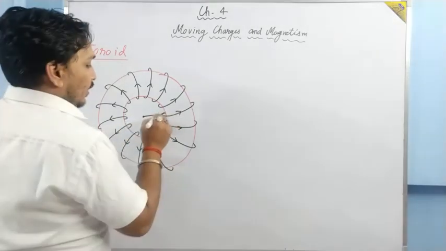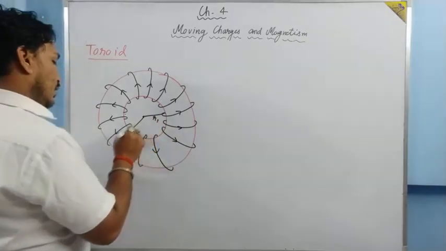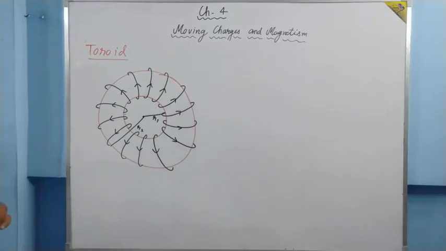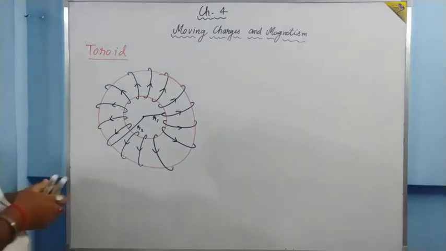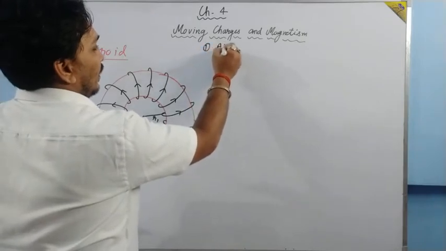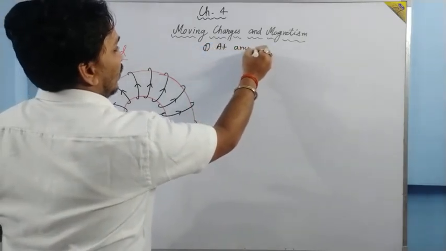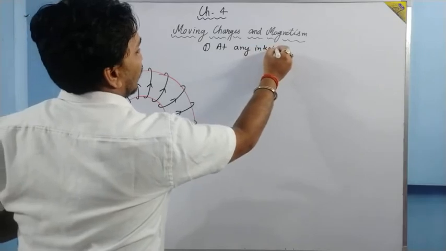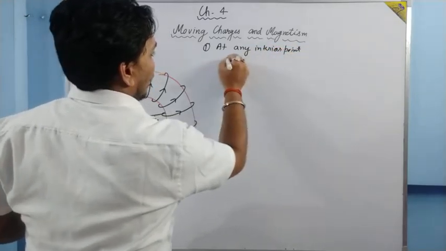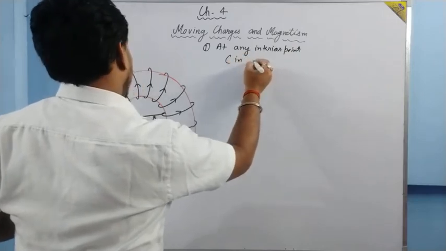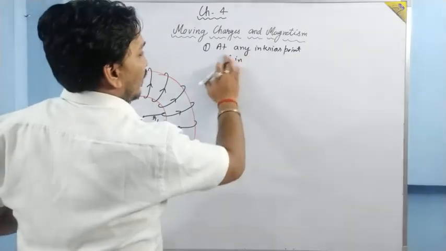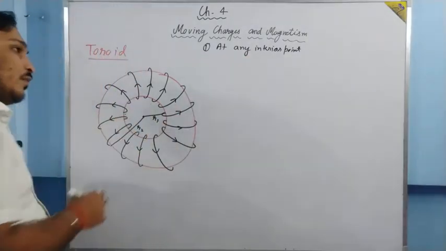Let this inner radius be R1 and this outer radius be R2. Okay. First of all, we are going to calculate at any interior point in this space, where interior point means this open space.